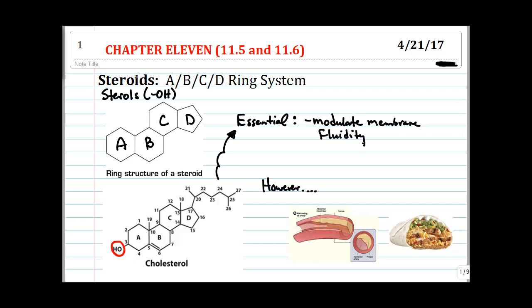We've talked about membranes already, and they have to have a certain fluidity. They have to be somewhere between liquid-like and solid-like to really do their job properly. Cholesterol is said to fit in between the membrane bilayer and help modulate membrane fluidity.